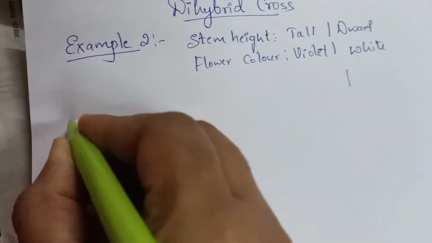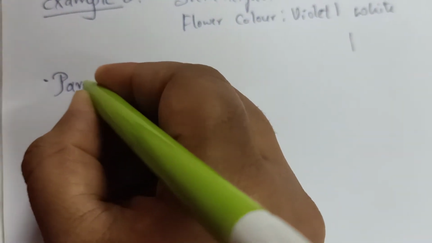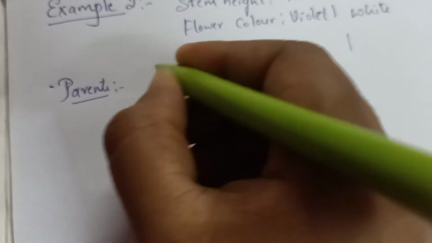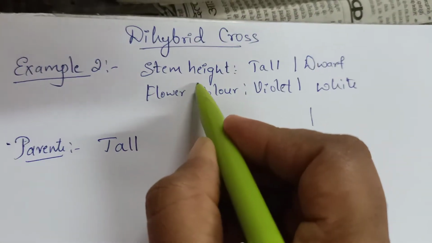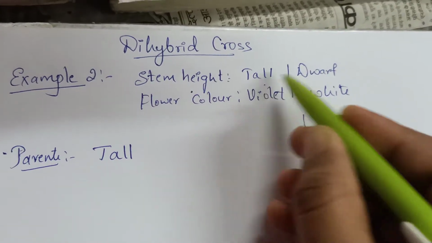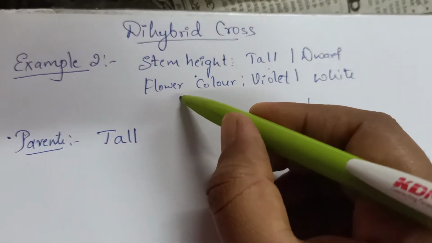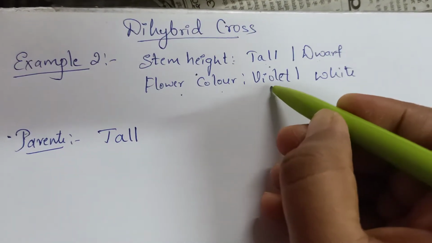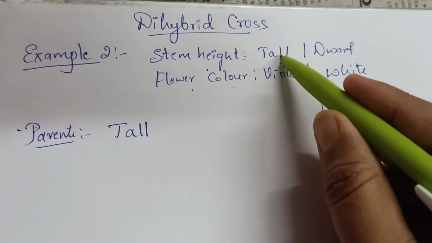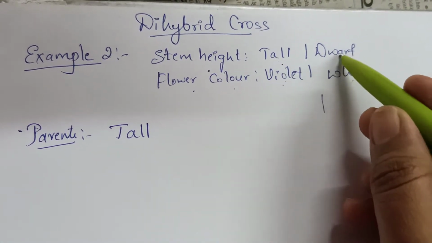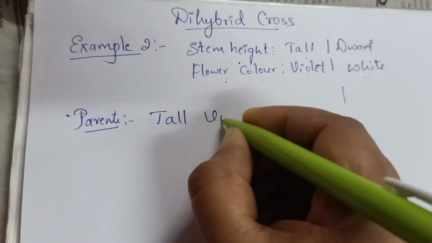First we'll write the parents. As we have taken stem height, in that, tall and dwarf. Tall is the dominant and dwarf is the recessive character. When it comes to flower color, violet is the dominant and white is the recessive character. So we need to cross tall violet with dwarf white.